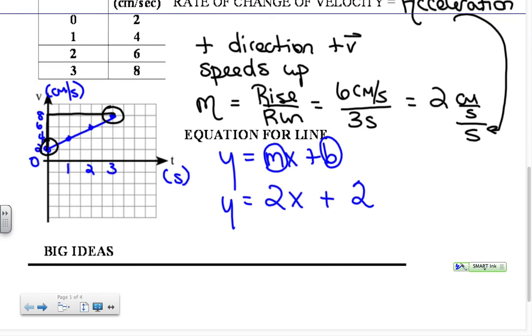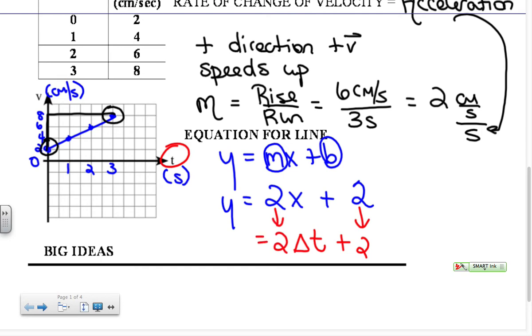However, if I want to turn it into physics language, I simply want to call things what they are. So I'm just going to bring down my 2. And my x is generic for whatever's on the x-axis. In this case, it's my time, which we abbreviate as delta t. Our 2 is our slope, which is our acceleration, and that just comes down.